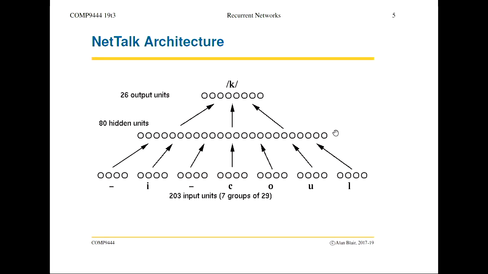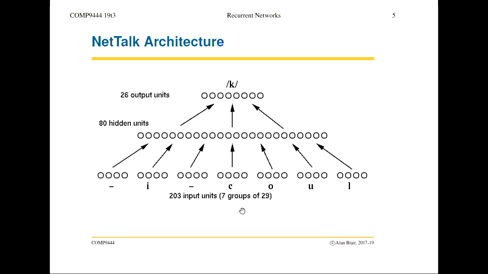Again, this very simple, old-fashioned neural network is a 2-layer neural network, and you have 7 groups of 29 inputs, because you've got these 7 characters. There are 26 letters in the alphabet, and you also have a space, a dash, and I think a full stop, so you get a minimal amount of punctuation as well.